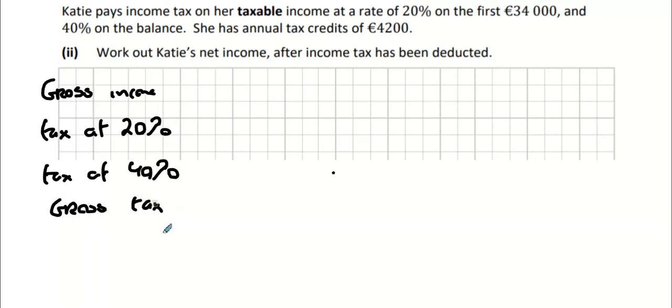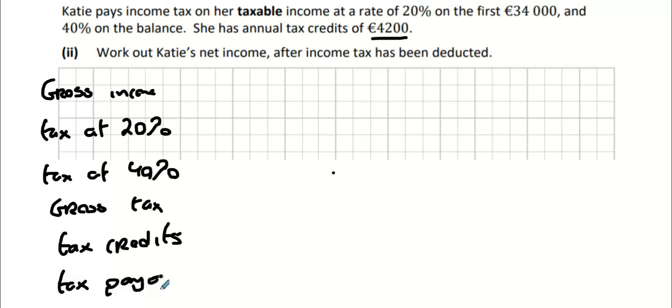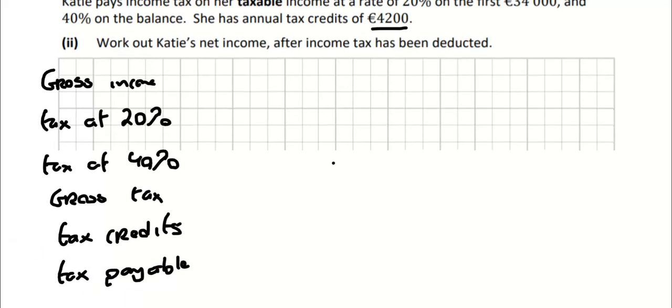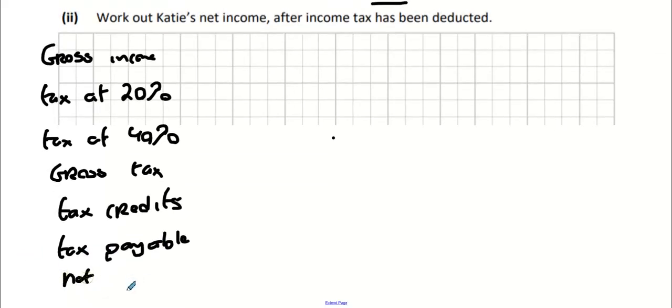And then your gross tax, you take away the tax credits, because basically gross tax is how much tax you're meant to pay, and then you don't have to pay all of it if you have tax credits. And then you have what's called tax payable, and this is how much you actually take away from your gross income, or net tax, and then you have net pay.